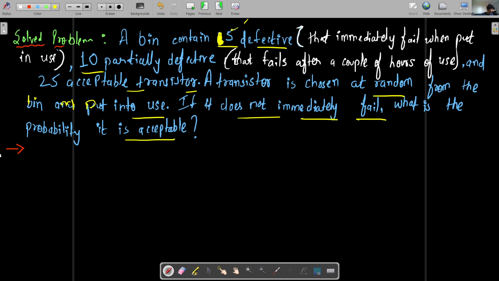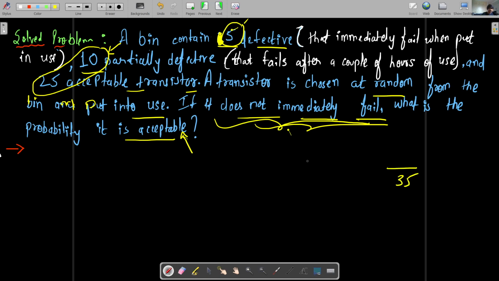So we can just directly do this problem, because the sample space is reduced after the condition that it doesn't fail immediately. So they are not from these 5 defective transistors; they are from these two categories. And our question asks, what is the probability that this is acceptable? Our reduced sample space, because of this condition, has in total 35 transistors.